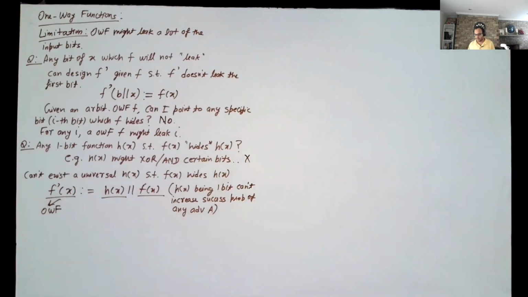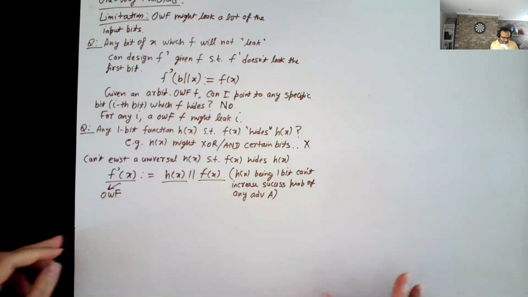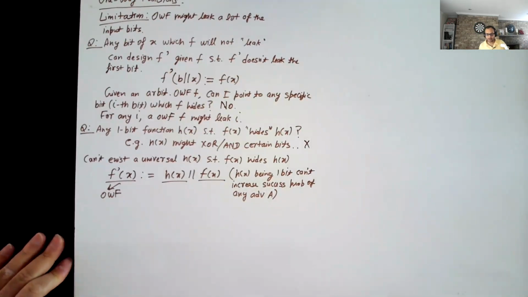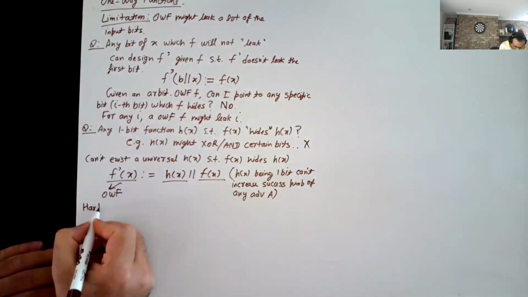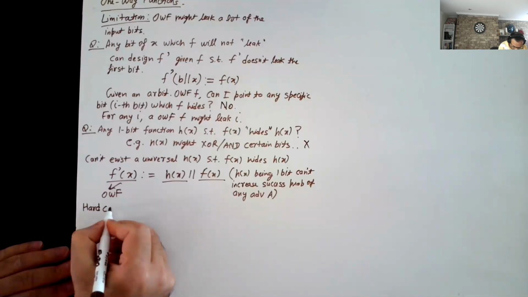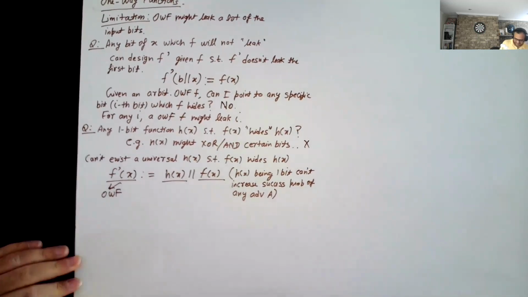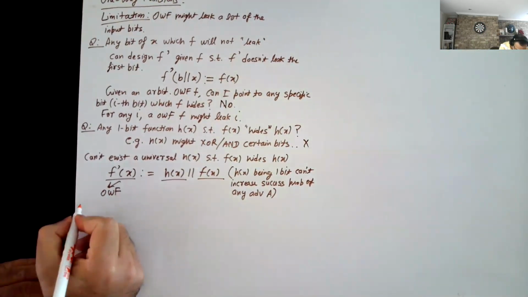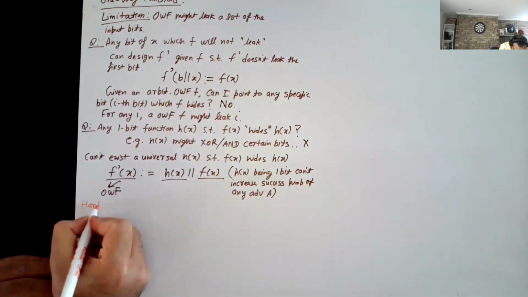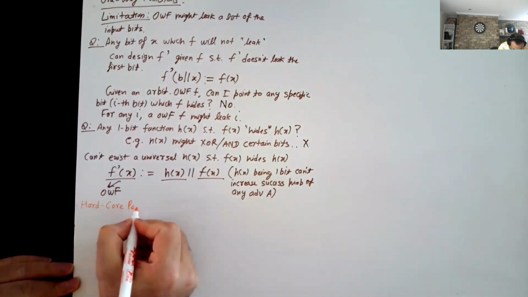So let me try to define a little more formally what we have been looking for. So the definition is hardcore predicates of a one-way function.